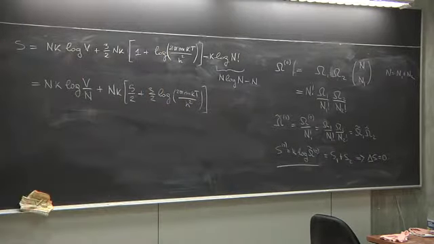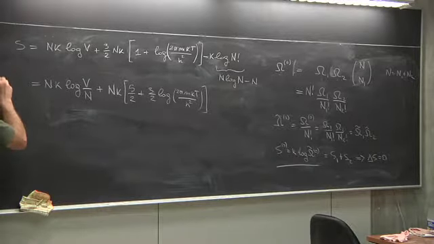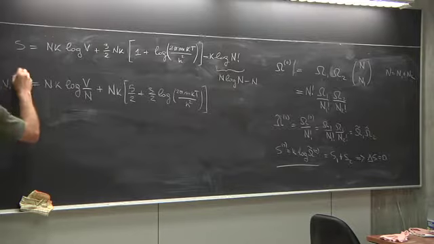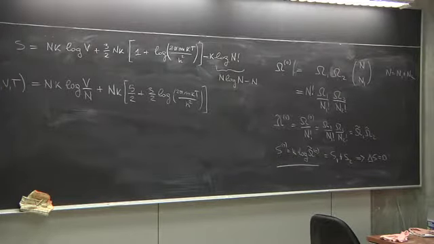Okay? So now you see that this entropy as a function of n, v, and t is really an extensive quantity.